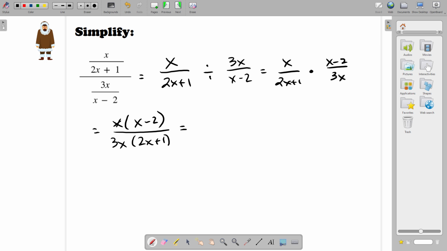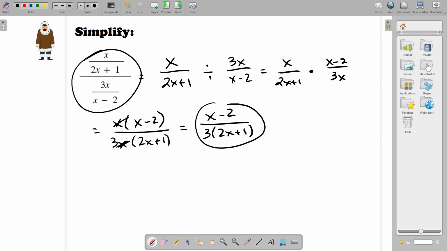I can divide out one of these x's with the 1x down here. So on the top I get x minus 2. On the bottom I get 3 times 2x plus 1. So I've taken this very complex fraction, broken it down to something that is much more manageable.